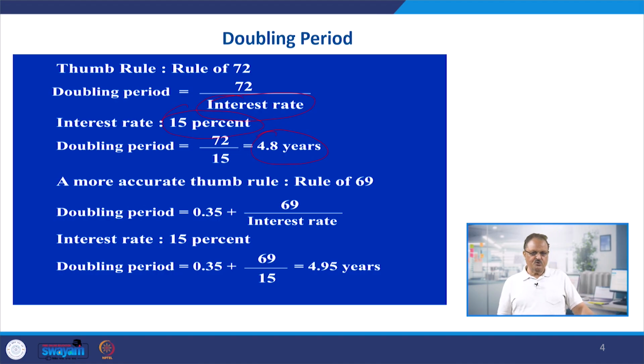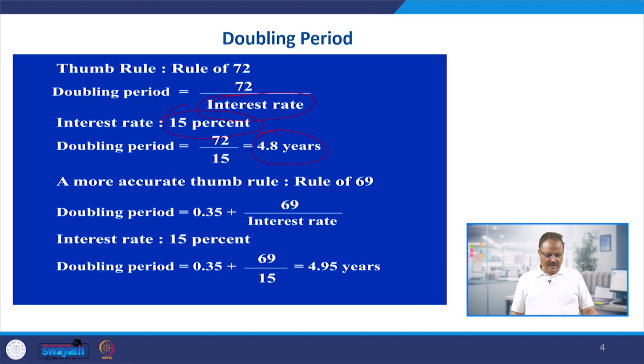As I told you, the cost of your capital is 15%, which is not available in the banks, the bond market, the stock market, or the real estate market. It's only available in your venture, in your business. Only if you make this investment is this return of 15% available.